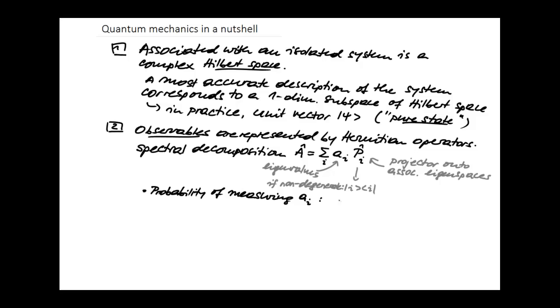In that case, this probability is given by the expectation value of the projector P_i. And you certainly recognize in the non-degenerate case, if again you replace the projector P_i simply by this ket-bra |i><i|, then this is nothing but the scalar product of psi with eigenvector i, absolute value squared.